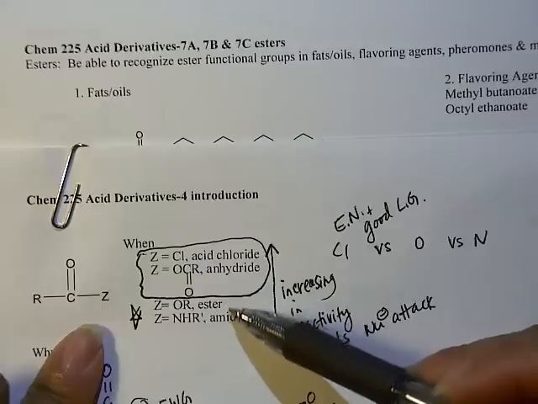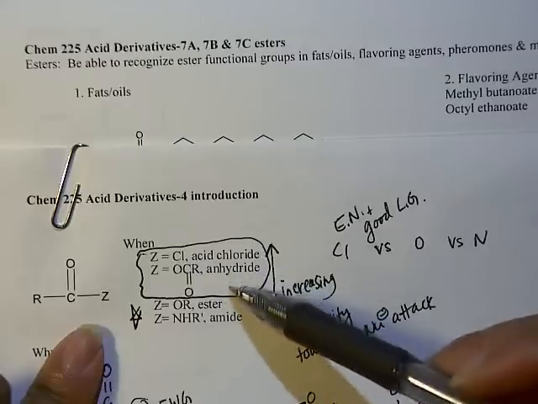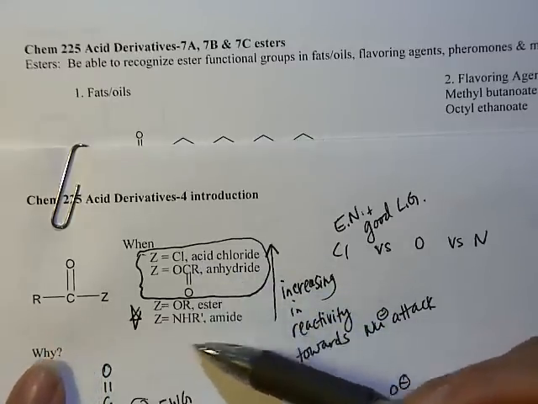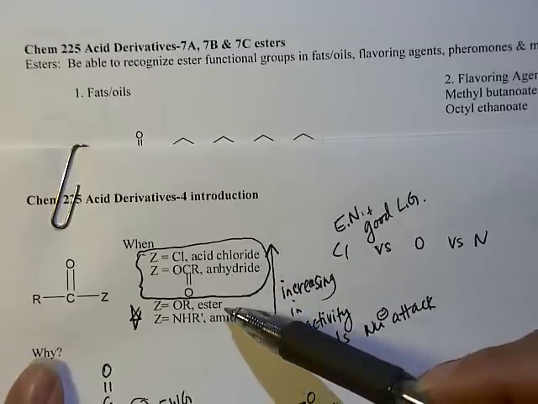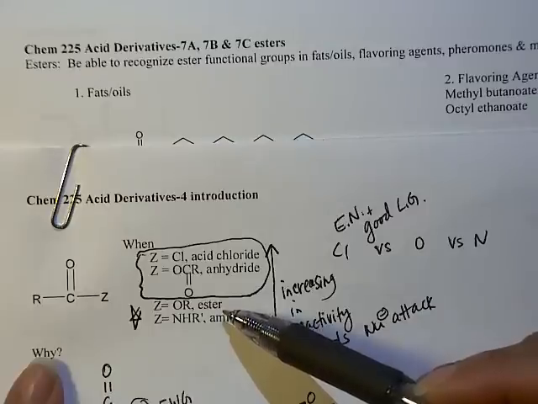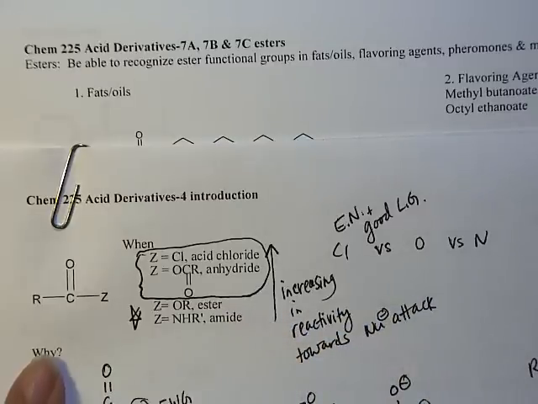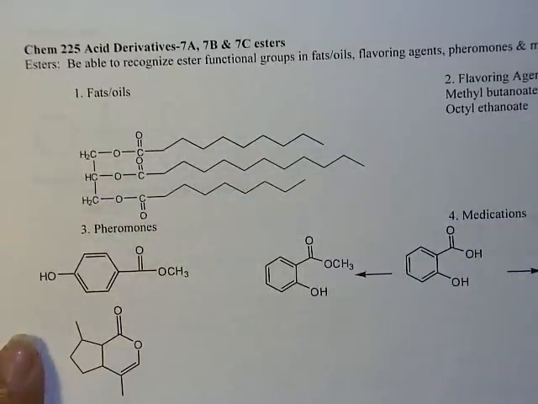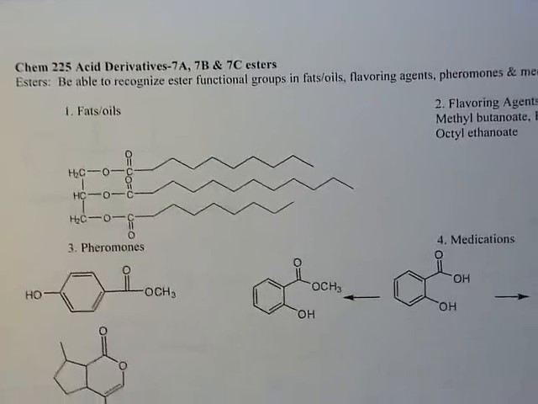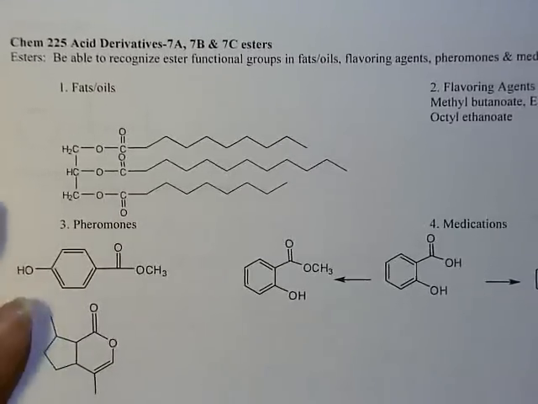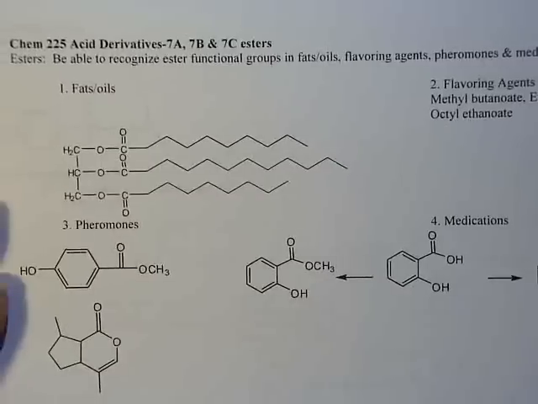But esters and amides are a lot more stable than acid chlorides and anhydrides, so these 2 functional groups are found in nature everywhere, which is why you really need to understand the ester and amide chemistry, and we'll be using them again in later units, unit 5, when we talk about biochemical compounds.